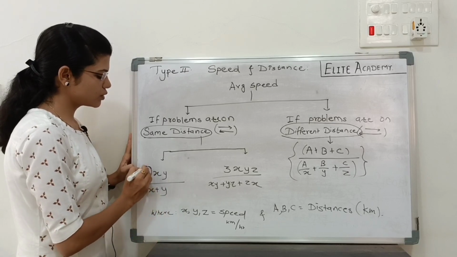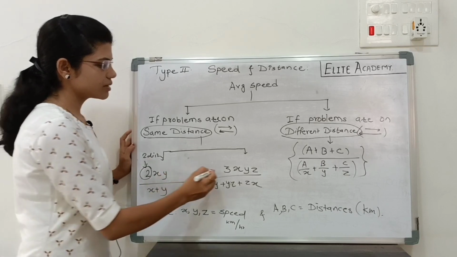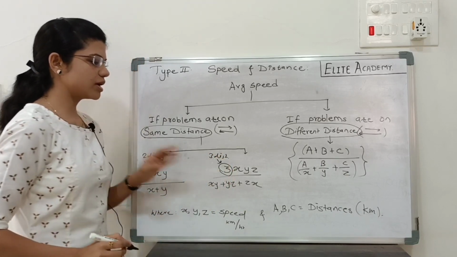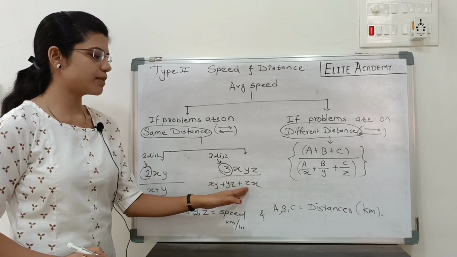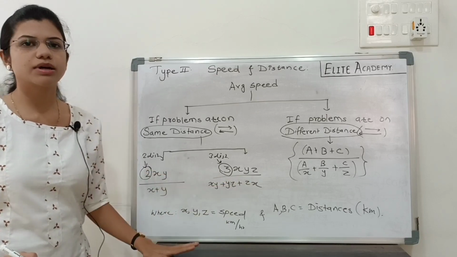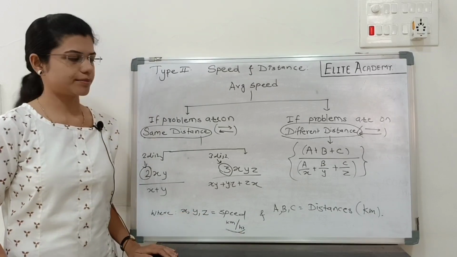Suppose two speeds are given with the same distance, use that formula. And if three speeds are given, then the formula is 3xyz upon xy plus yz plus zx, where x, y and z are nothing but the speeds. The unit of speed is kilometer per hour.